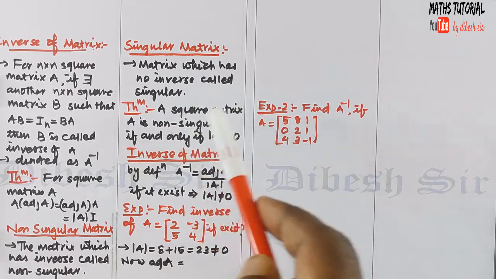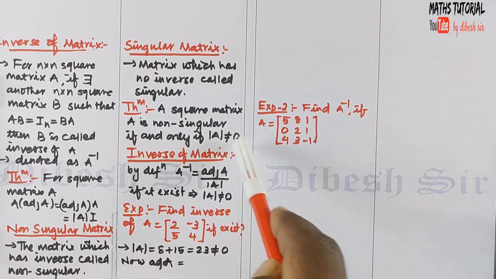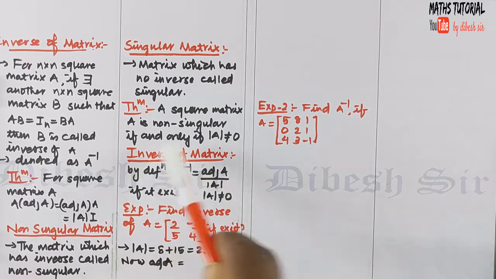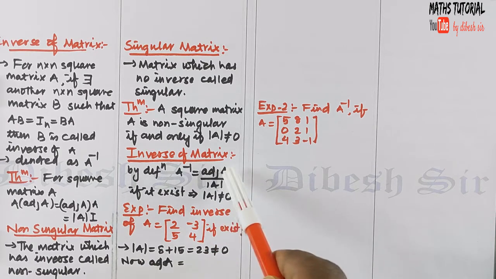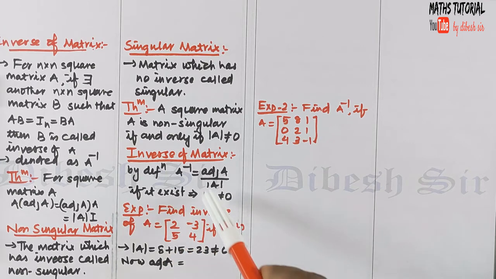It means we can find inverse of matrix if determinant A is not equal to 0. So let's find inverse of matrix. By definition, A inverse is equal to adjoint A upon determinant A if it exists. It means determinant A must not be equal to 0.